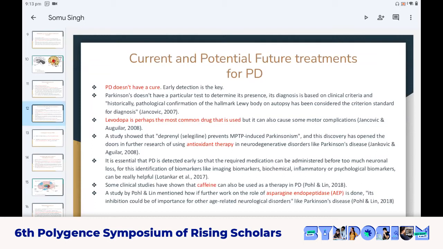The most common drug used as an intervention is levodopa, but it has some complications which should not occur, because motor symptoms are also a major cause of this disease. For future treatments, perhaps therapy based on caffeine could also be used, as described by a study by Paul and Lin in 2018.